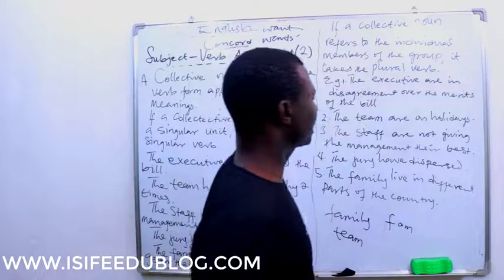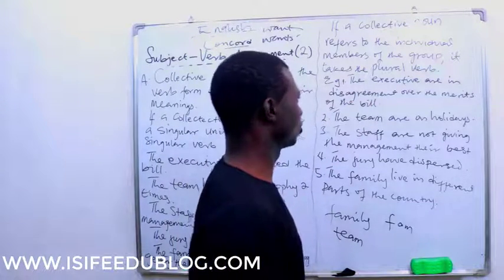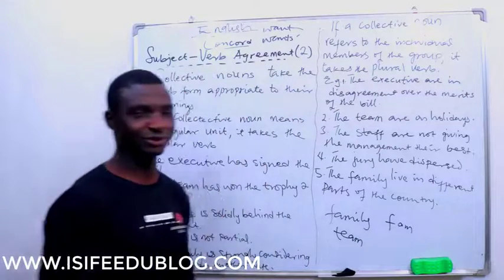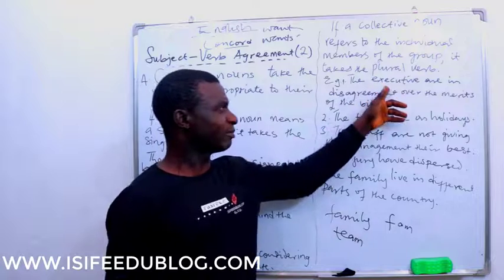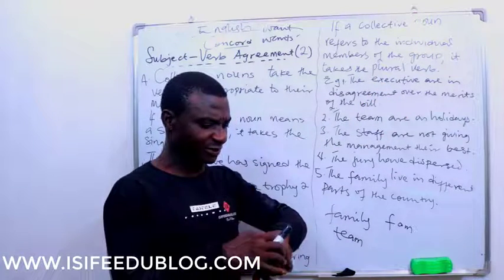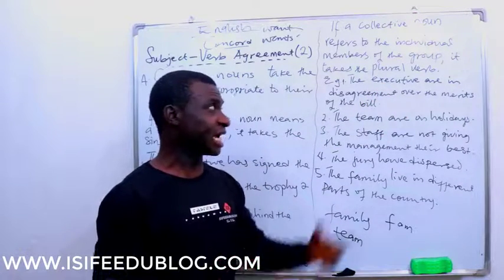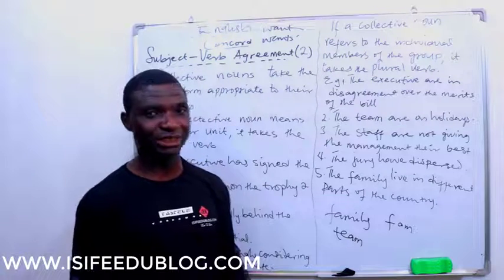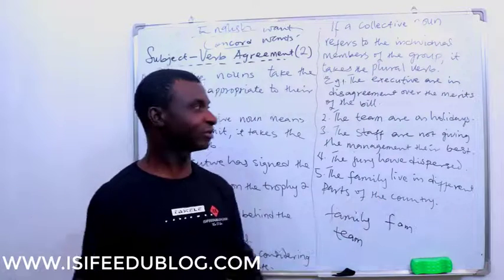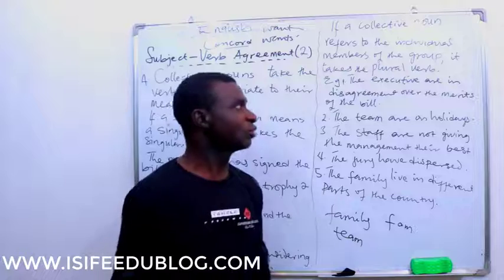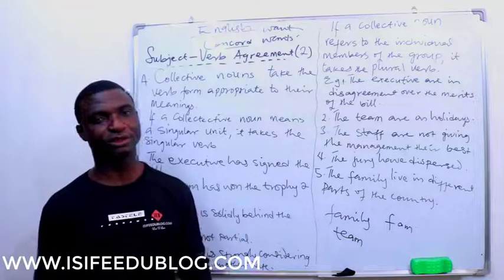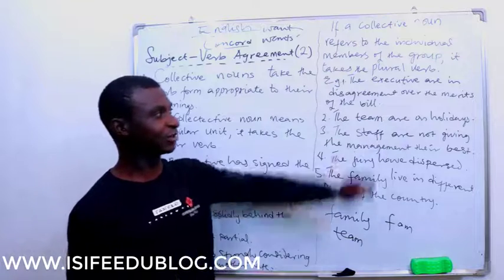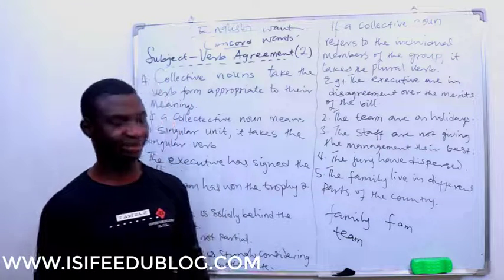Here, the executive are in disagreement over the merits of the bill. So you see, if one member of the executive says the bill should be signed, another member says the bill shouldn't be signed. So we have individual members now expressing different opinions. Therefore, the executive are in disagreement.